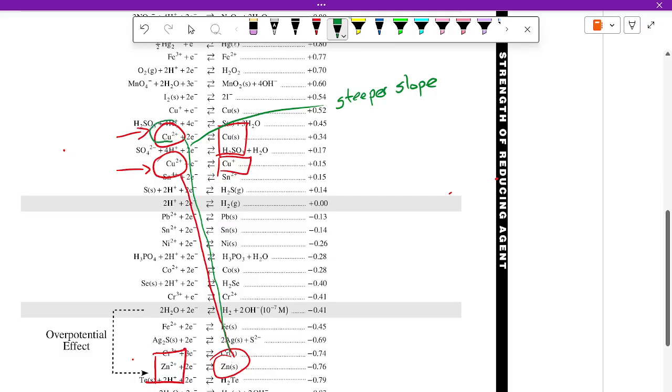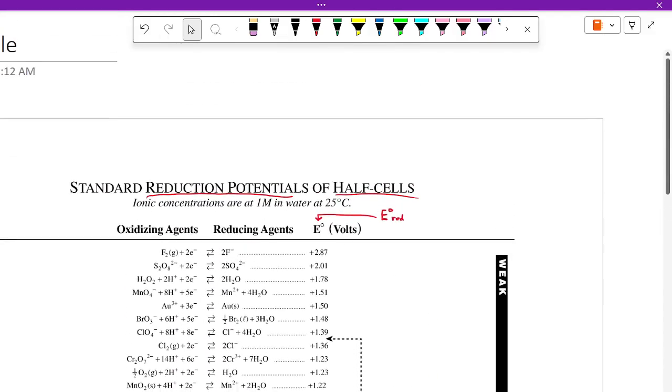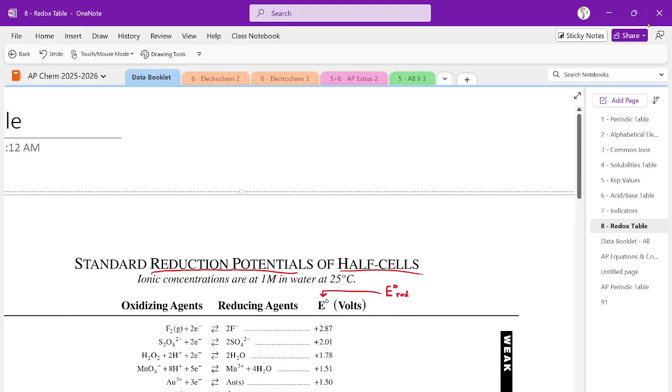The copper 2+ is going to turn into copper solid, and the zinc is going to react, going to zinc 2+. So we're just going to summarize that: anytime you have a choice of half reactions, the half reaction with the greater half cell potential, the E naught half cell, will be the preferred half reaction. So let's go back to our other page and write that down.